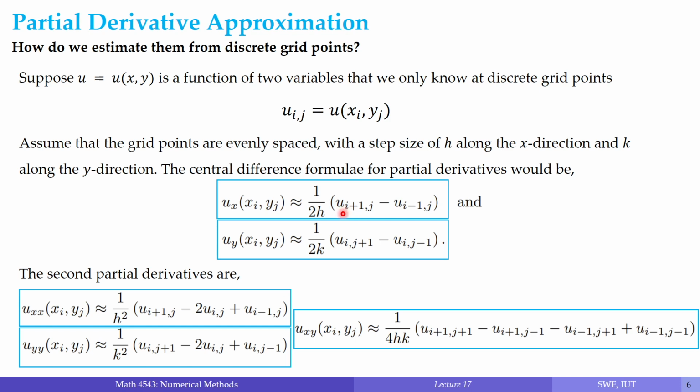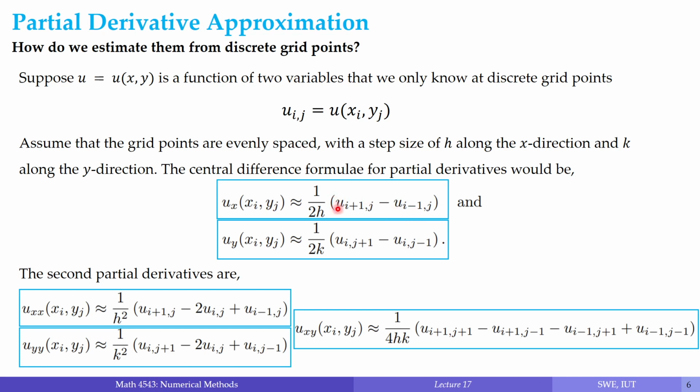So we have u sub i plus 1 comma j minus u sub i minus 1 comma j. This thing over here was our functional value at the i plus 1th point. This thing over here was our functional value at the i minus 1th point, right?